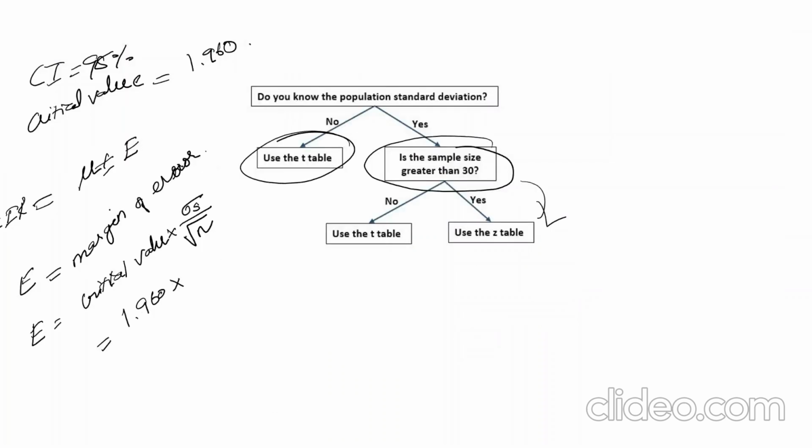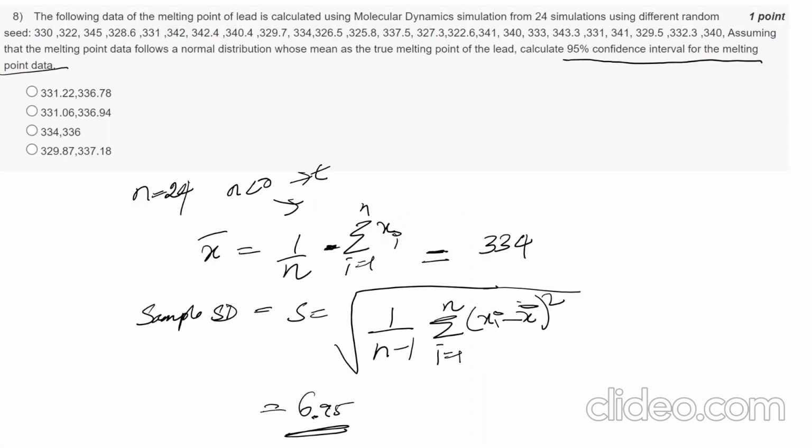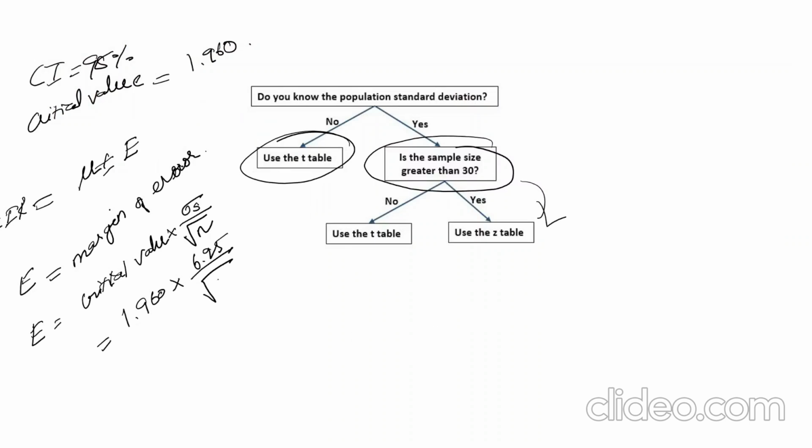Sample standard deviation 6.95, divided by root of the sample size, which is 24, which I have already calculated as 2.78, the margin of error.